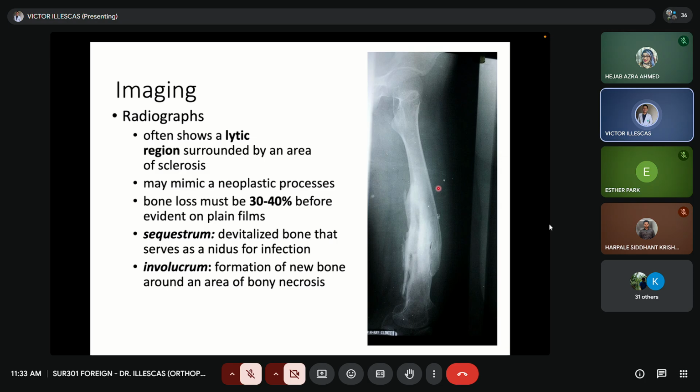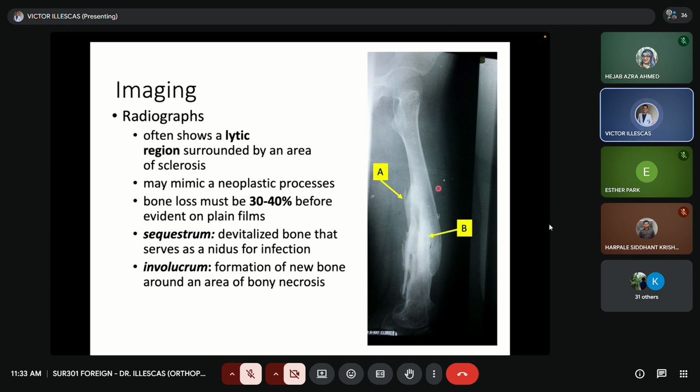You have to identify which one is the sequestrum, which is the devitalized bone or the dead bone, and which one is the involucrum, which is the new bone formation. In the surgery, you need to remove the sequestrum and maintain the involucrum. You need to remove the dead bone, of course, and maintain the new bone formation.